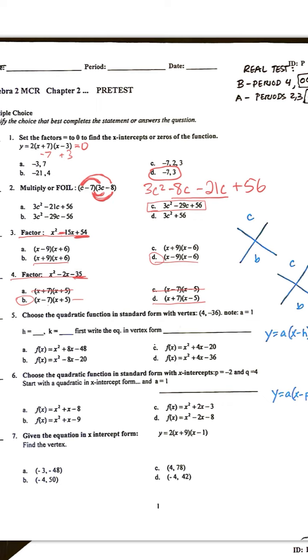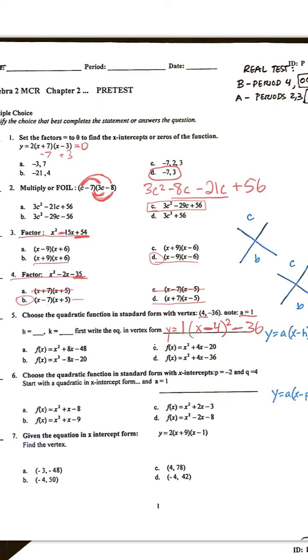All right, choose the quadratic function in standard form with vertex 4 and negative 36. So we're going to add some notes. We want to change the sign of the first one. X minus 4. We changed the first sign. We do not change the sign of the second one.